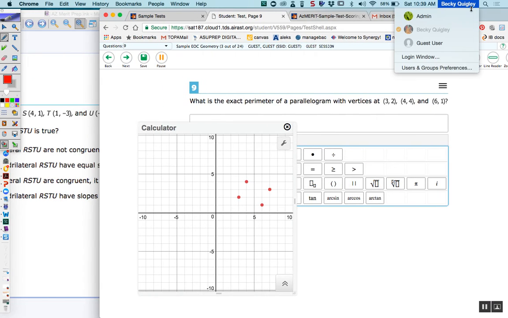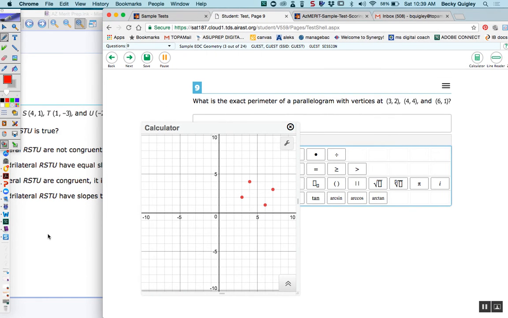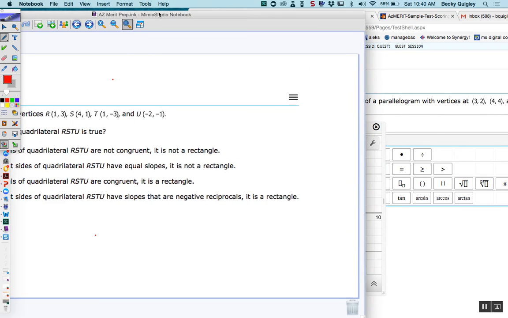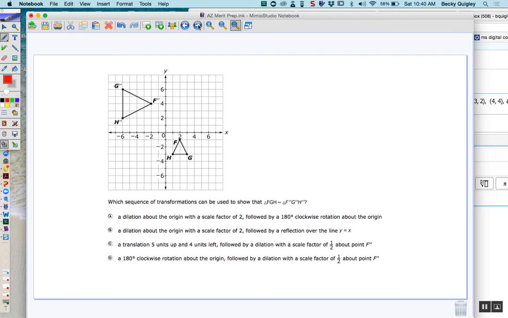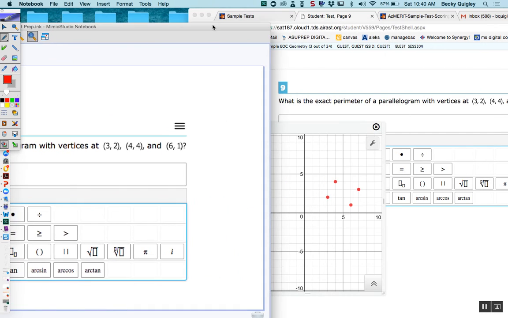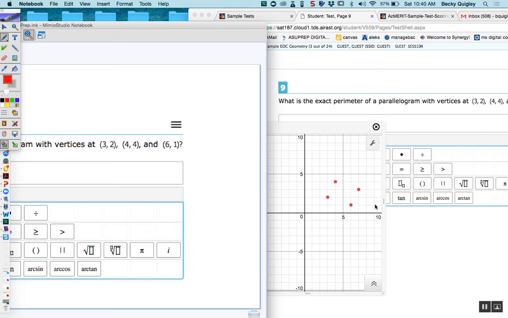So let's go ahead and I need to be able to write over here. Okay, and that was the question, here we go. So we determined our new coordinate to be at (7, 3).